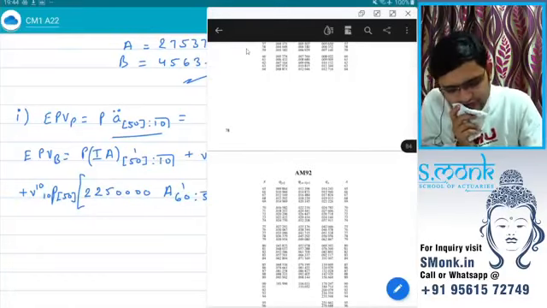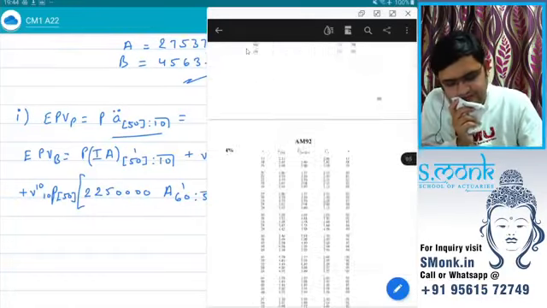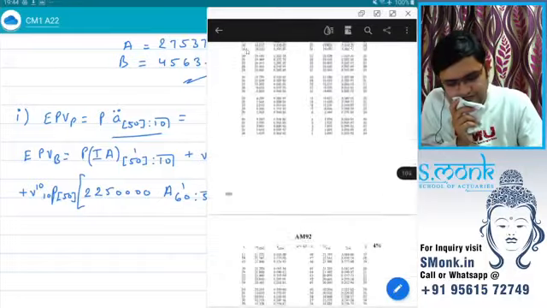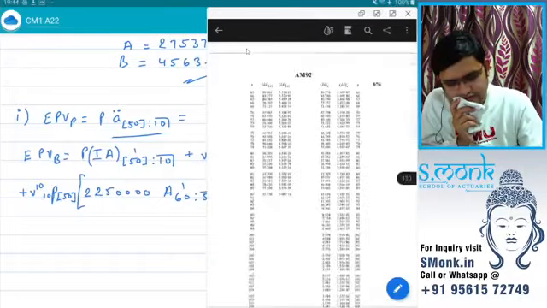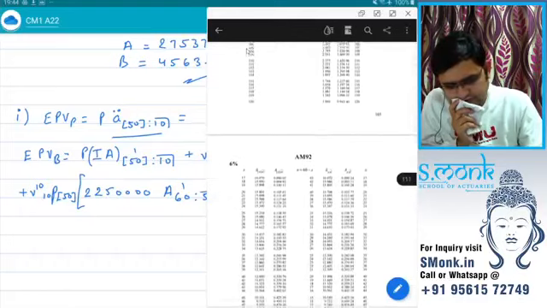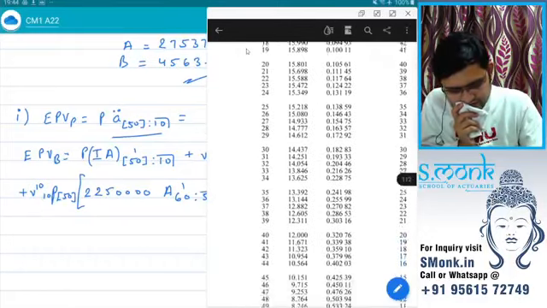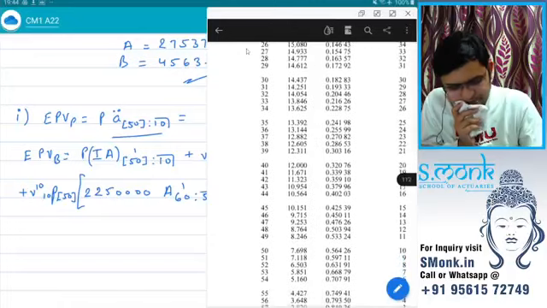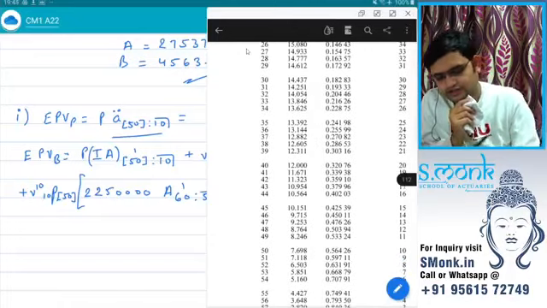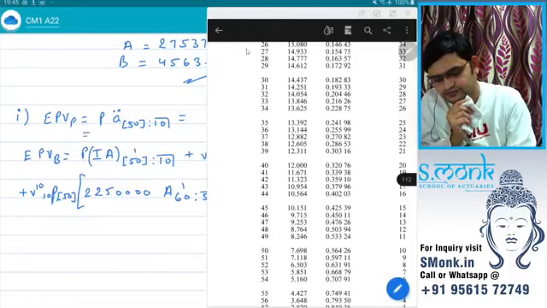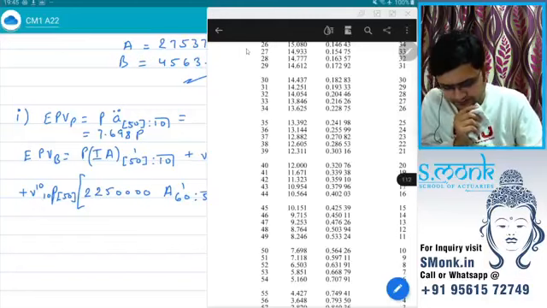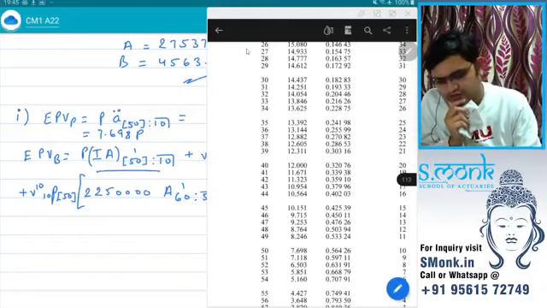We are talking about 6% rate of interest, 6% tables. A select 50 10, so 60, 57.698. For this we will have to solve.